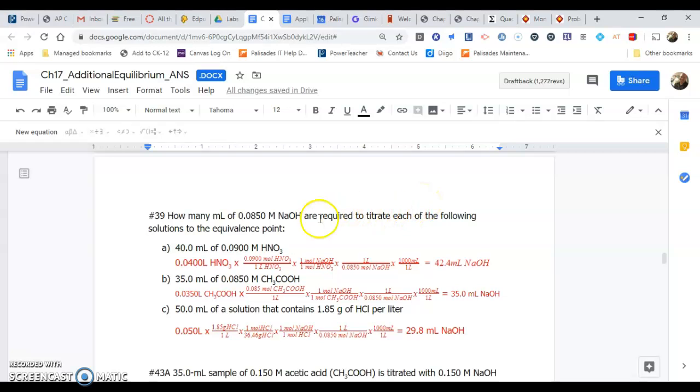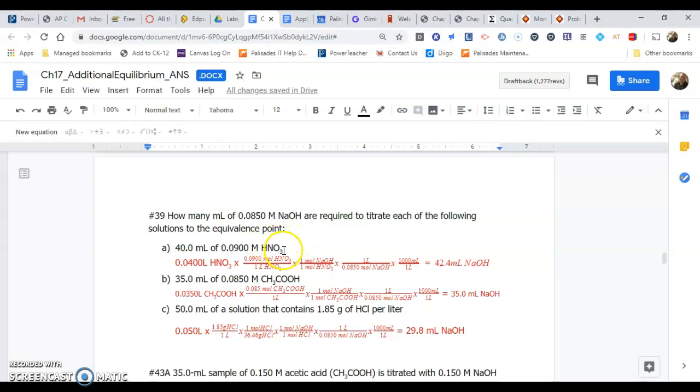Okay, so equivalence point is just a stoichiometry calculation, right? And so stoichiometry calculations, we can do this, right? The key to this is to recognize with HNO3 what kind of acid is that? Is that a monoprotic acid, meaning does it have one dissociating hydrogen, or does it have more than one? In this case, it's one, right?